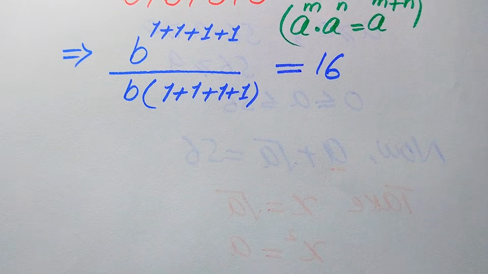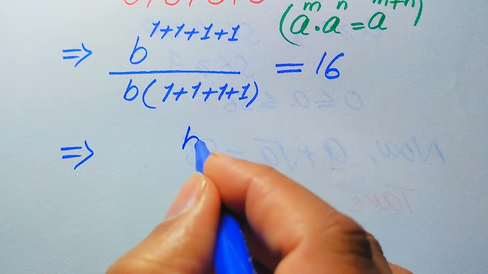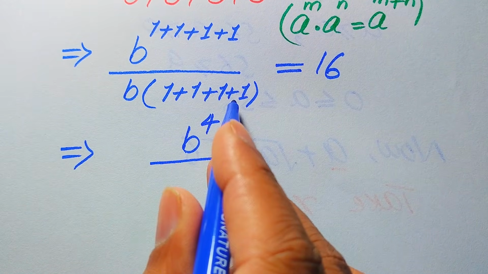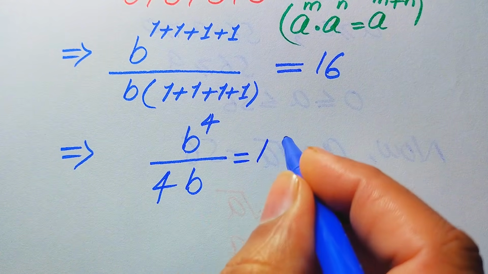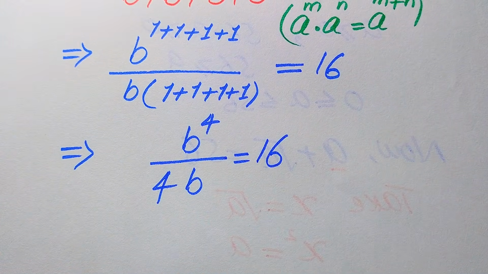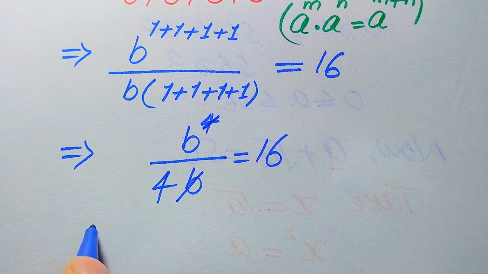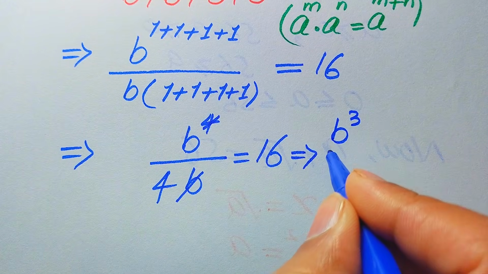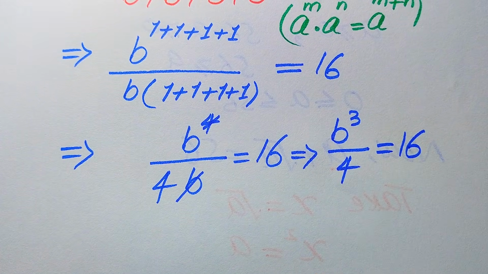And now in the next step we need more simplifications, and this becomes b to the power of 4 divided by, this 1 is added 4 times, so it becomes 4 times b, is equal to 16. And now you see this b is cancelled out by this b, and the remaining values are b cubed divided by 4 is equal to 16.